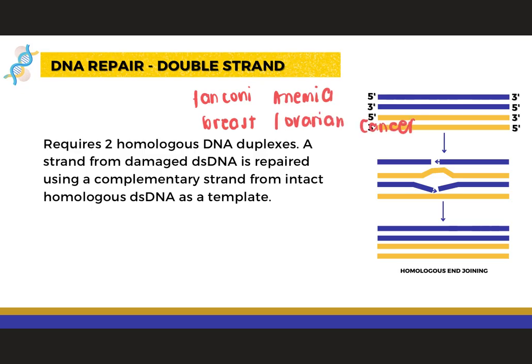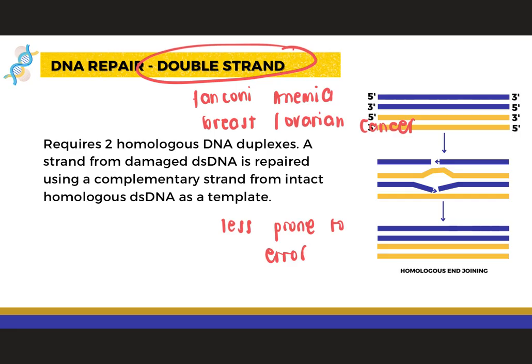Another thing that I want you to remember is that your homologous recombination or your homologous end joining is less prone to error. So, ano yung mga different causes ng double strand DNA repair? So, we have, di ba, your non-homologous and homologous end joining.